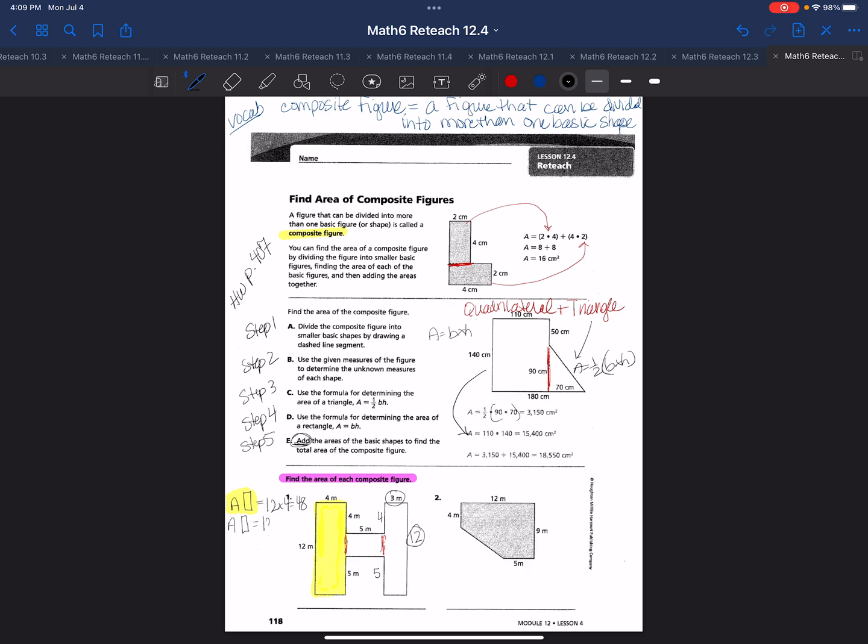Okay, so that's 12 times 3, that's 36. So now I just found this one. I found that area.